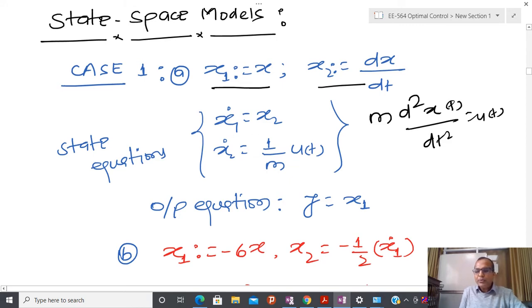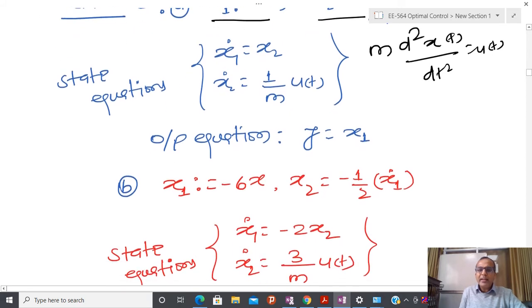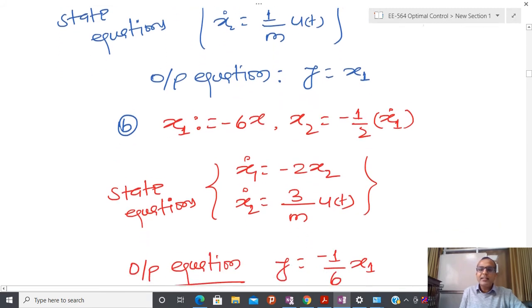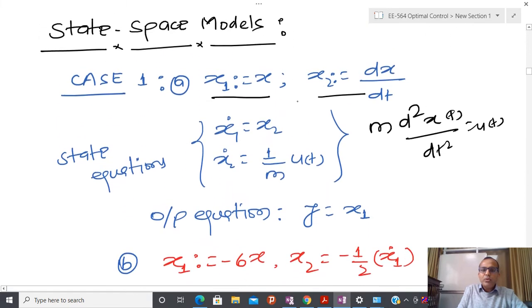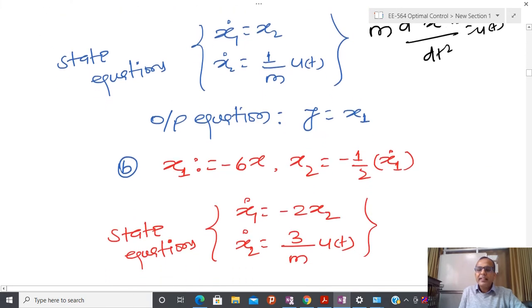Now let us come to the second one. One can also select a state like this. In place of x1 equal to x, someone might say, okay, I will not select x1 as x, I will select some kind of scaling.